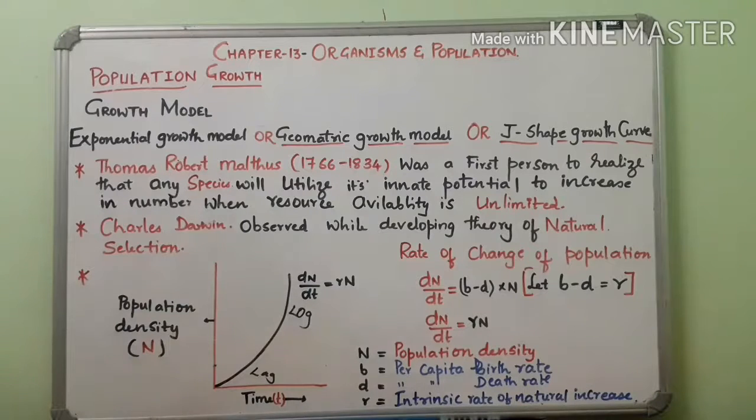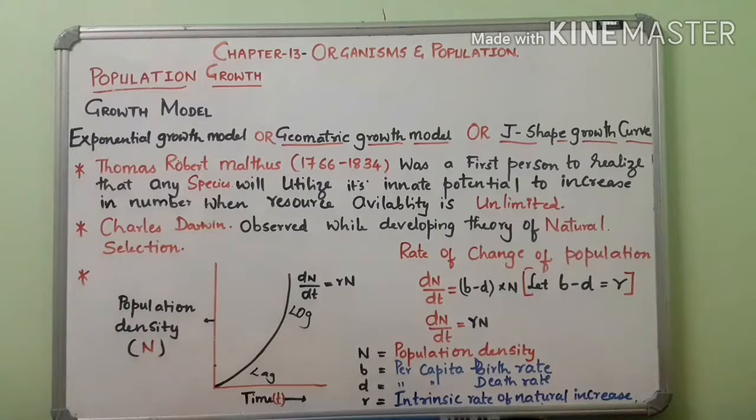By taking the resources, every organism has an innate potential to increase in number. When resources are available in the jar, the fruit flies will start reproducing and increase in number. That idea is given by Thomas Robert Malthus in his essay on the principle of population.